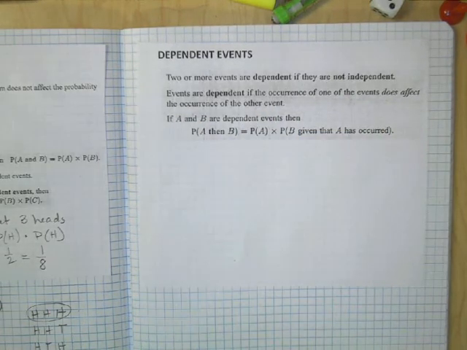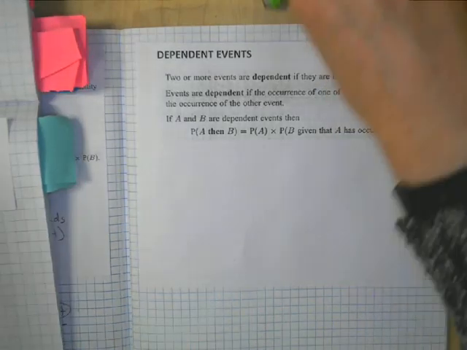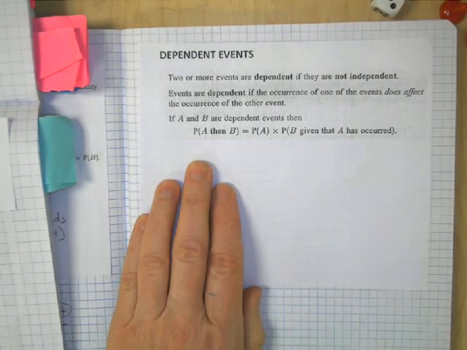So if A and B are dependent, then we have this slightly fancier notation, which I am going to give you an example of. So here is my example.